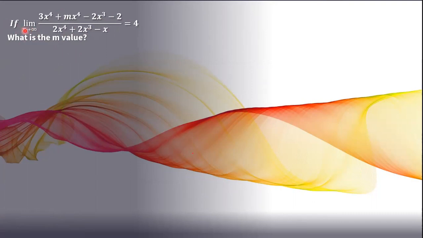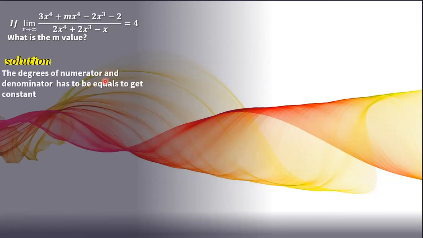In this case, if the limit as x approaches positive or negative infinity equals a constant, the degree of the numerator has to be the same as the degree of the denominator. The degree of the denominator is 4. The degree of the numerator is 4, but not in simplest form.